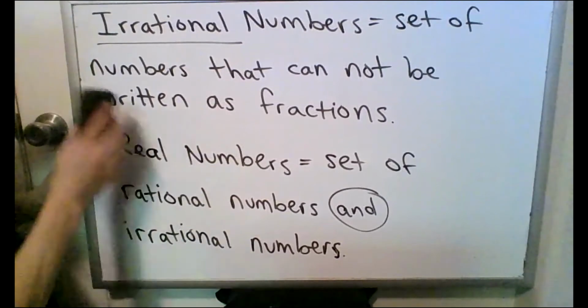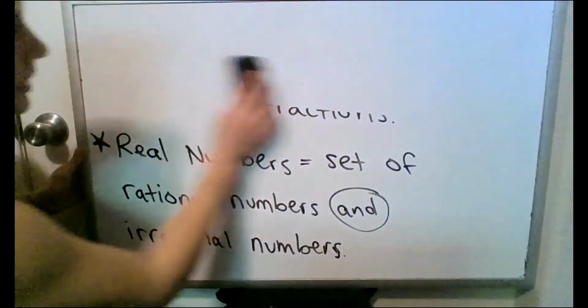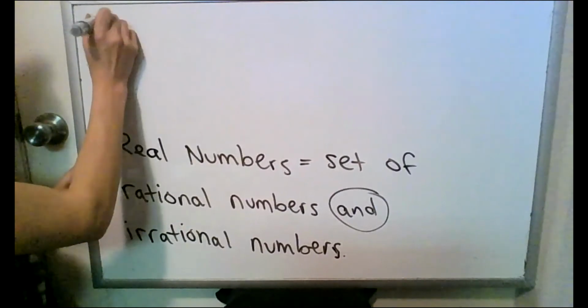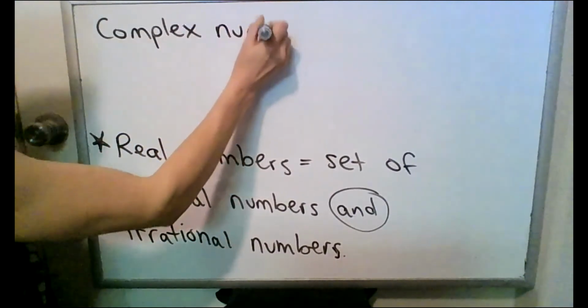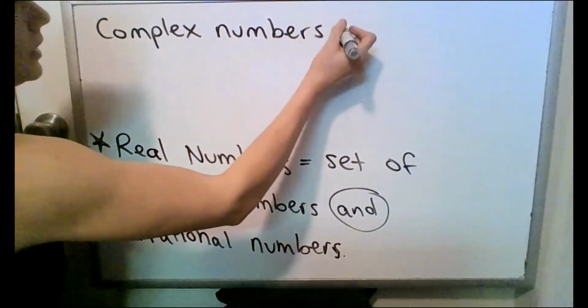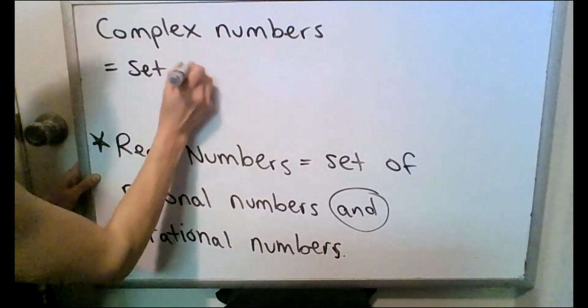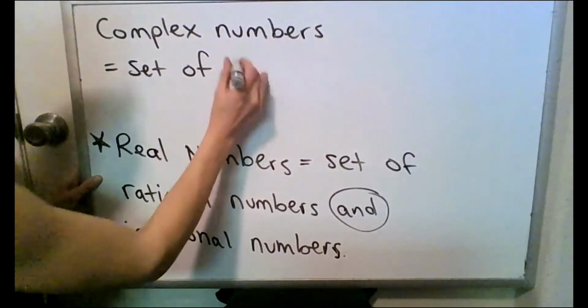But I'll still show you the last set that's popular in the math world, the complex numbers. And we call them imaginary numbers. They exist. Their name is just imaginary numbers.